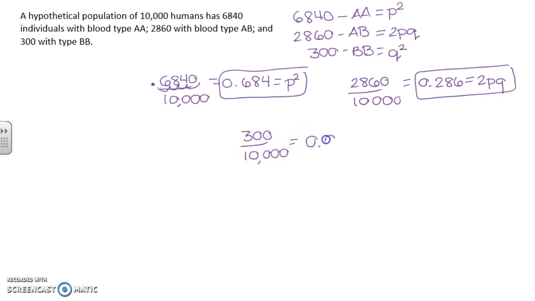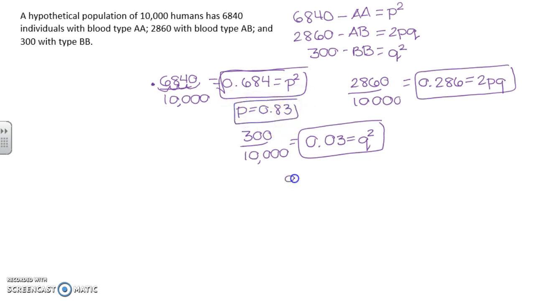That gives me 0.03, and that will be q squared. So the easiest way for me to find p is just simply by doing that. So now p is 0.83, and q, all I have to do is this, and q is 0.17.